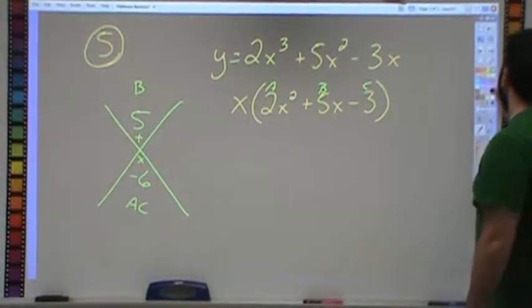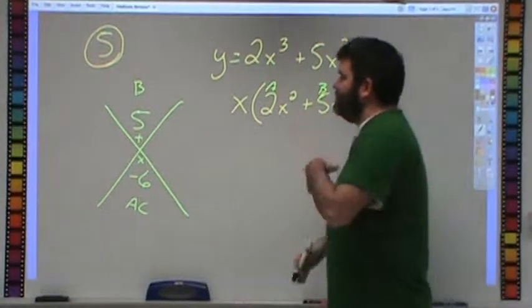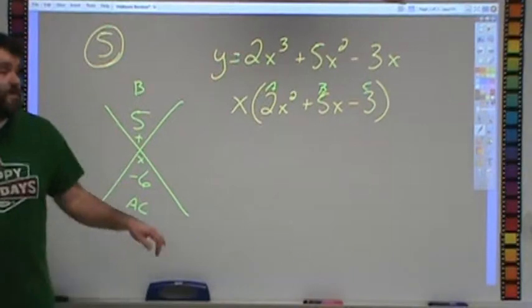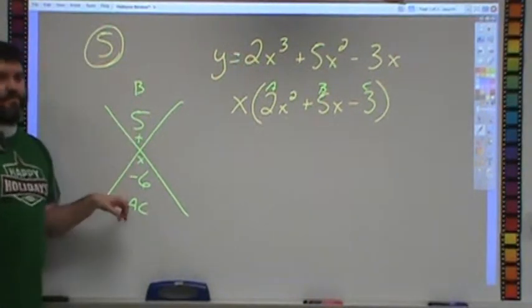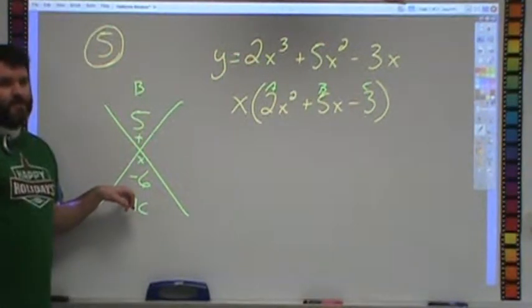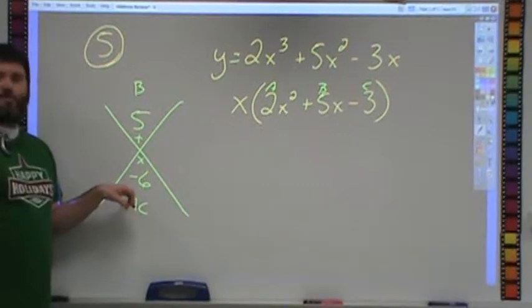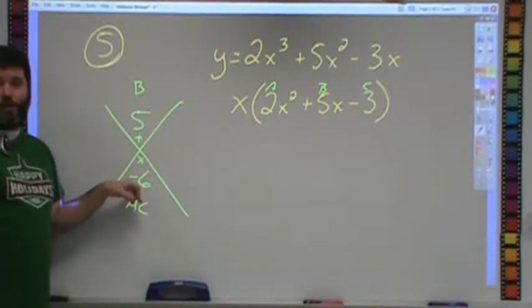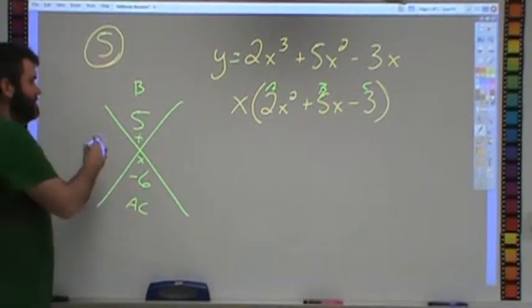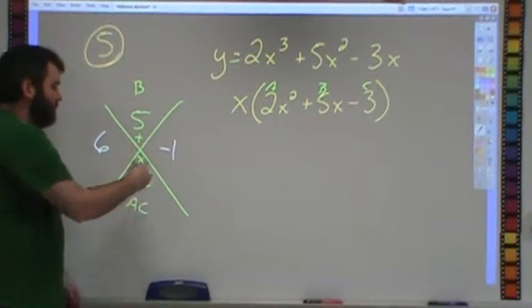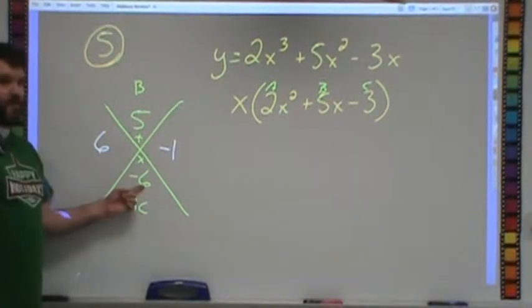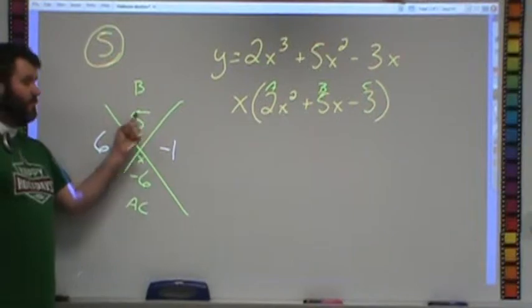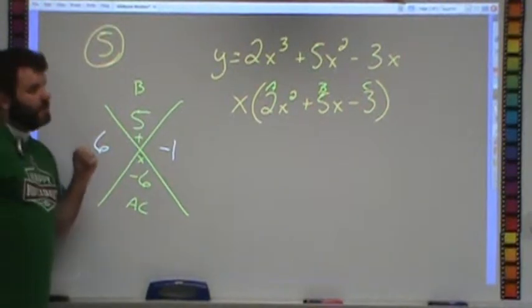But I'm going to tell you right now, no matter how you change up 2 and 3 with positives or negatives, there's no way to get a +5 and a -6. So that's why you always have to remember to think about the number and 1. And in this case, it's going to be 6 and -1. 6 times -1 is -6. 6 minus 1 is a +5.